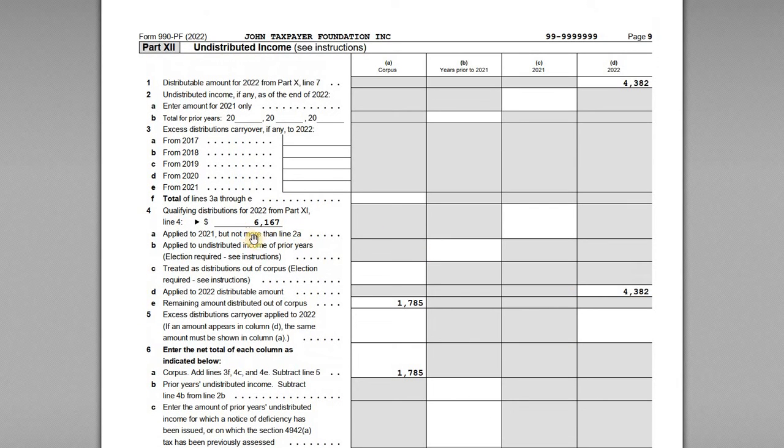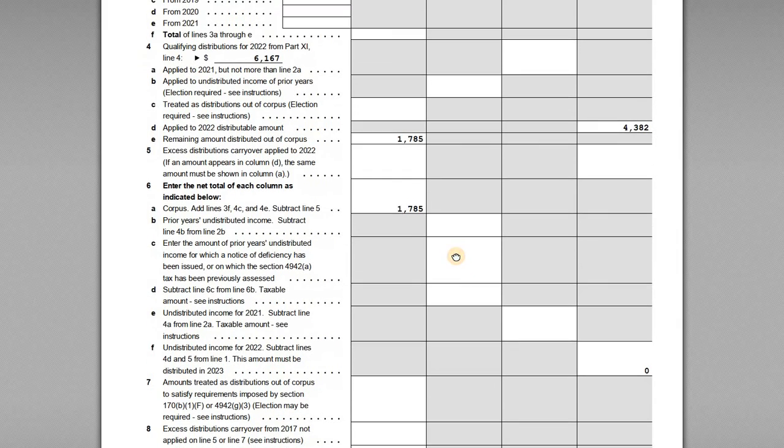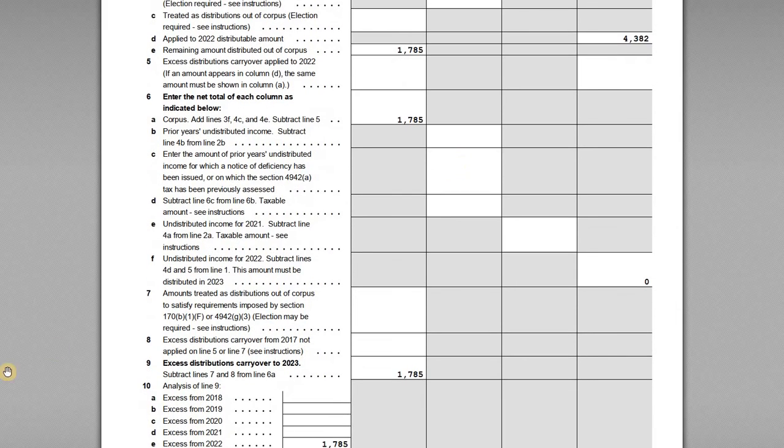Well, we had 6167 to work with, but the minimum was only 4382. So we're going to take 4382 out of this, apply it to our 2022 minimum distributable amount, which leaves us a remainder of 1785. So 1785 was effectively the excess amount that we can carry over to future tax years.